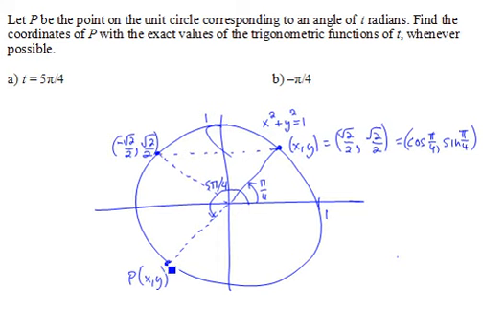The coordinates of the point in the third quadrant that we're seeking will have an x-coordinate of negative square root of 2 over 2, because these are on the same vertical line, but we'll have a negative square root of 2 over 2 for the y-coordinate instead of the positive square root of 2 over 2 here in the second quadrant. That's because now we've dipped down below the x-axis and our y values are negative.